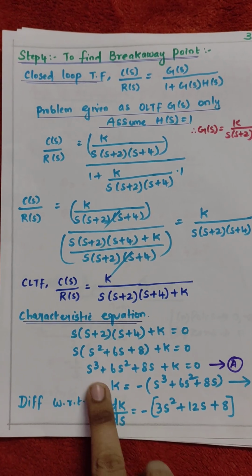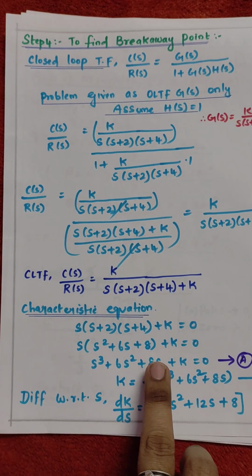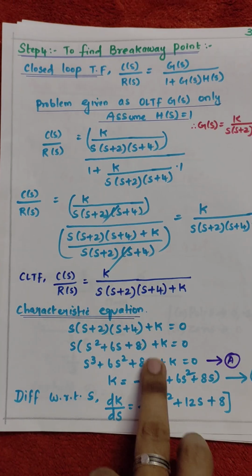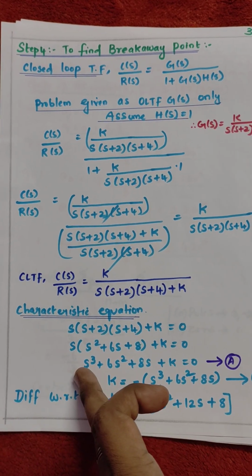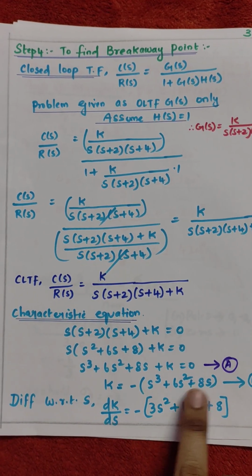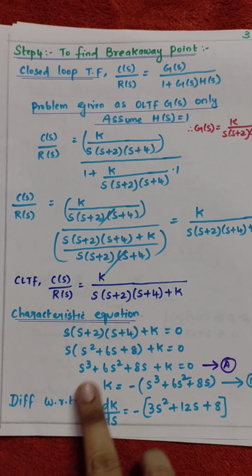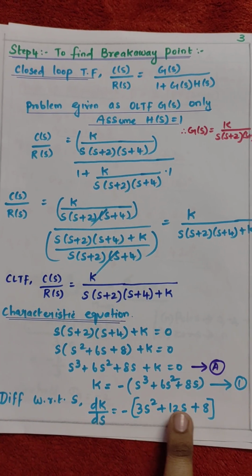Simplify, you will get s cube plus 6s square plus 8s plus K equal to 0. From this, K equal to, taking the other part to the other side, minus of (s cube plus 6s square plus 8s). Differentiate, you will get minus of (3s square plus 12s plus 8).